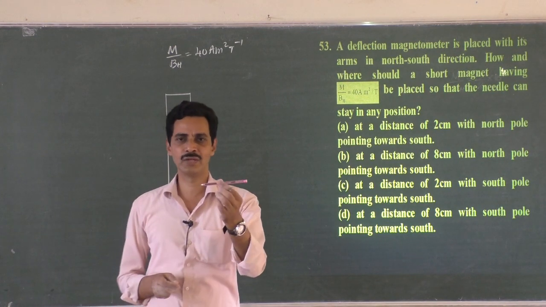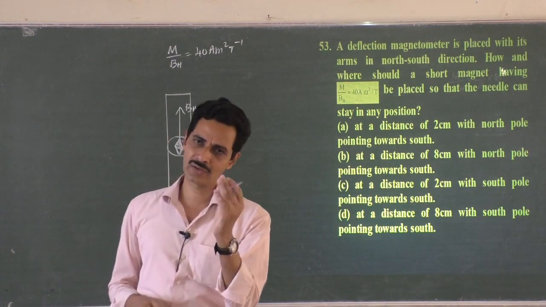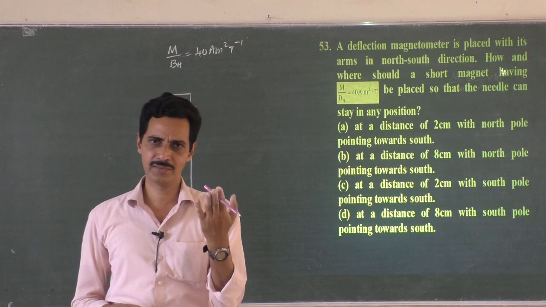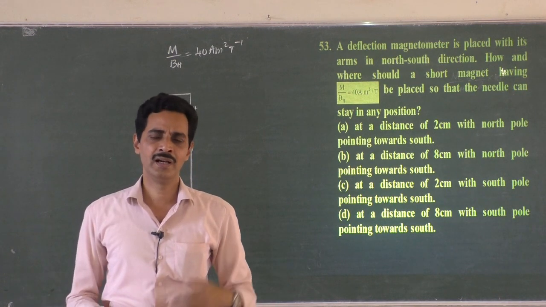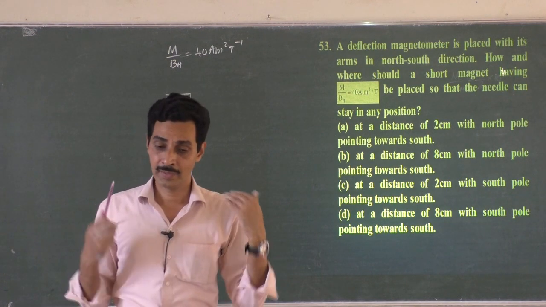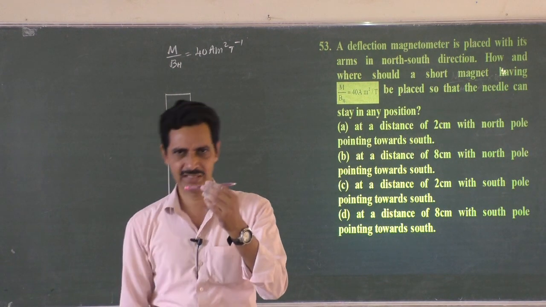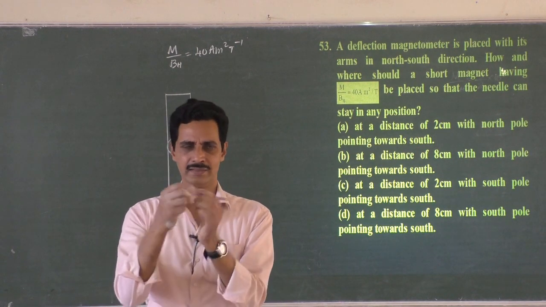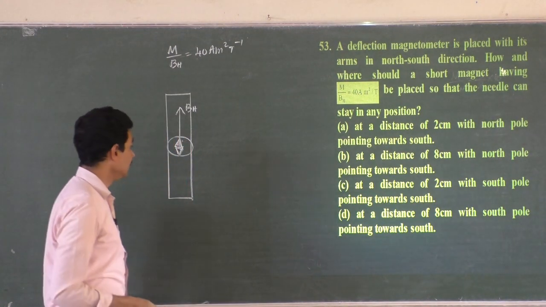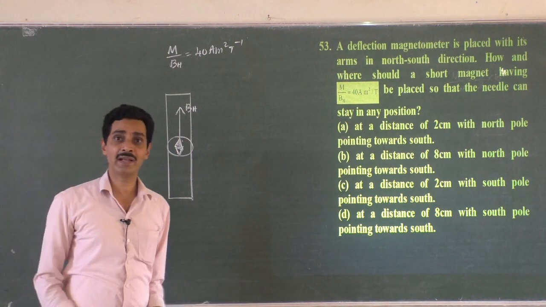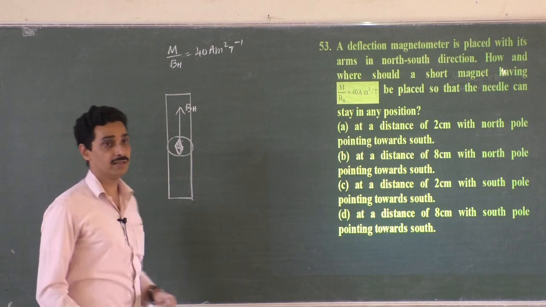For example, if you take a wooden stick and suspend it, it is free to rotate in any position because it is not affected by a magnetic field. It is affected only by the gravitational field. The gravitational field is vertically downward, so it can rotate anywhere like this. Similarly, this magnet should be free from any magnetic field, but there is Earth's magnetic field, sir.